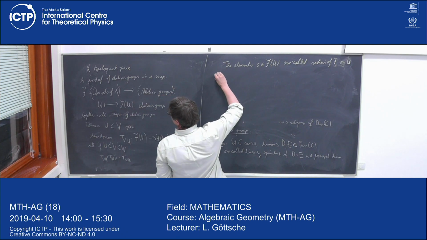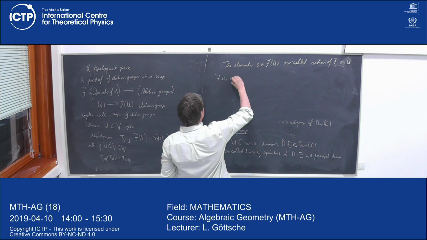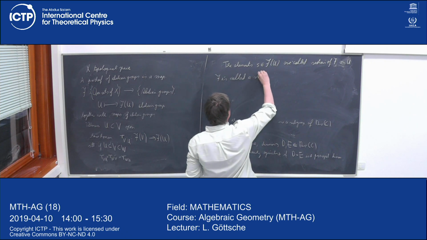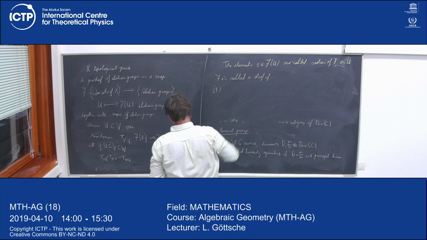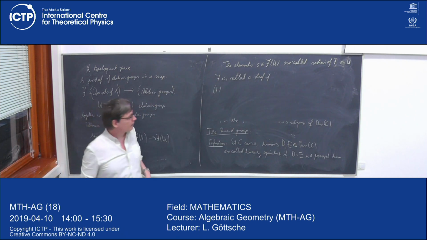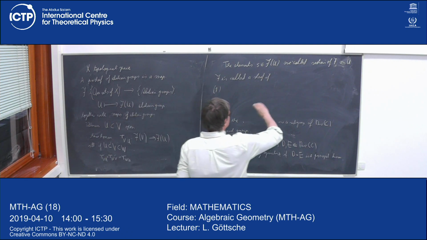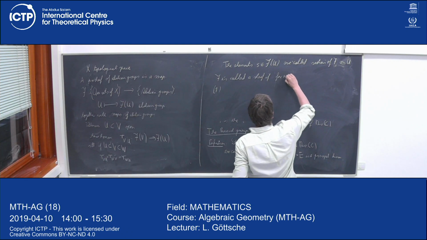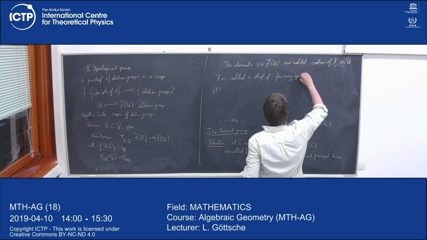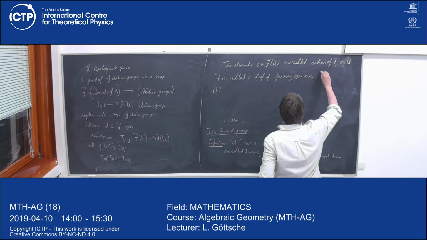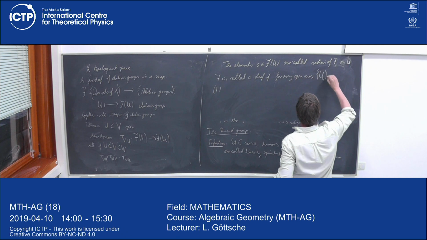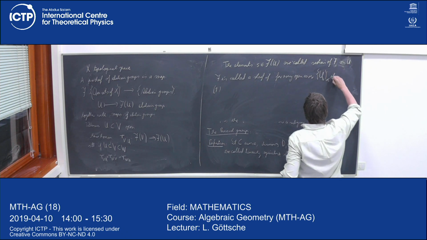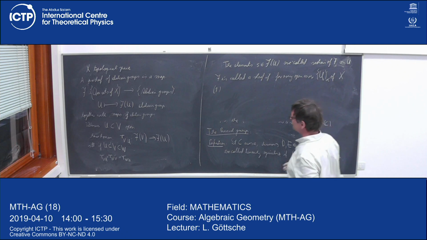So F is called a sheaf if for every open cover U alpha of X, we have the following.